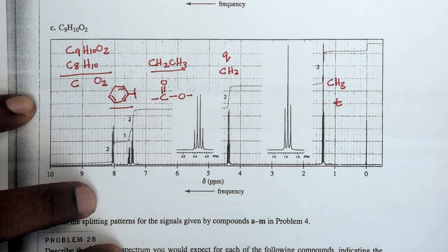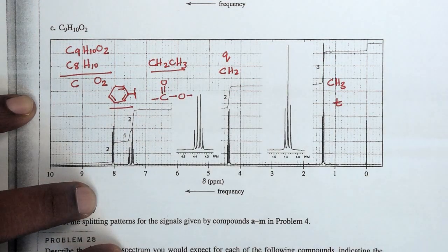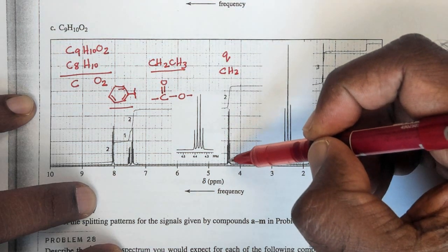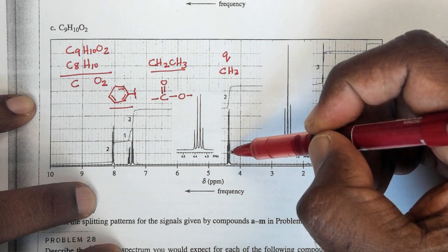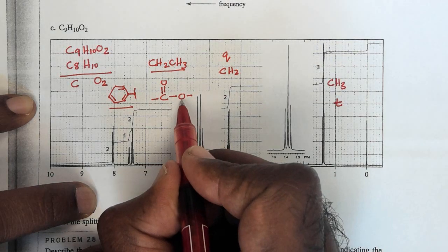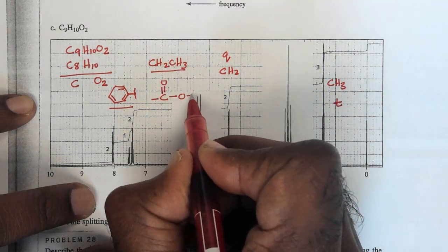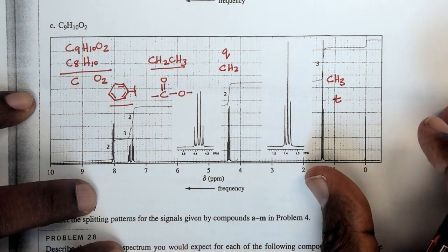And I now need to put that fragment and that fragment together. And recall I said that this CH2 is de-shielded because probably of a heteroatom such as oxygen. And I see here I have an oxygen atom. So the ethyl group would probably go there, and this will be joined onto your aromatic ring.